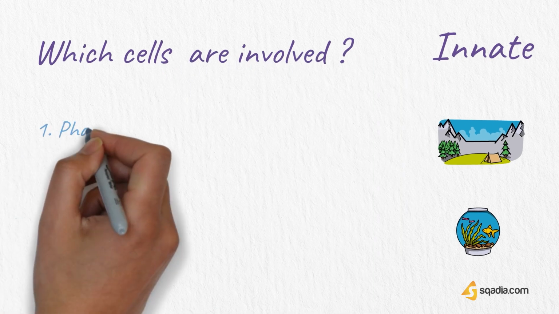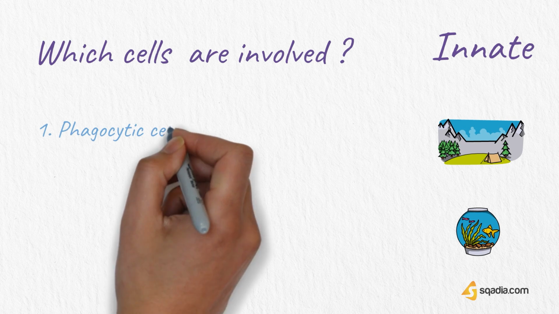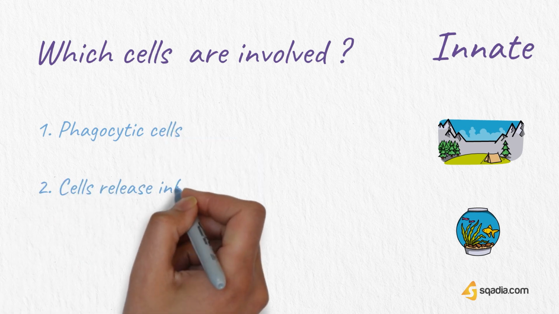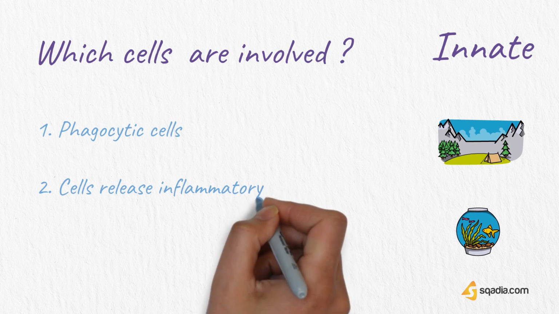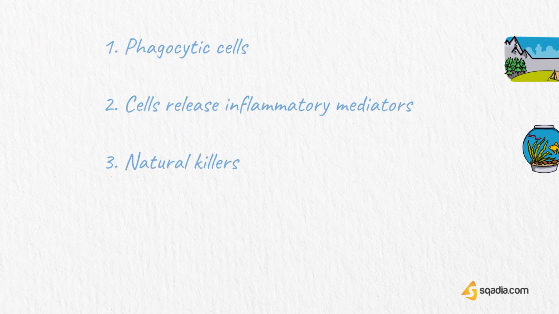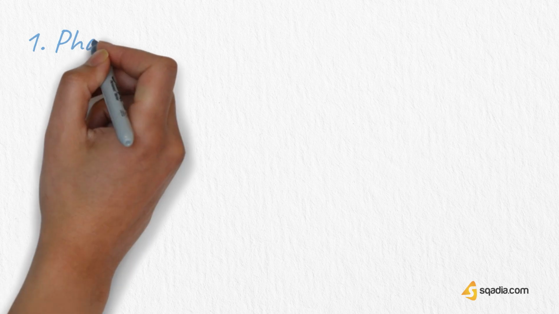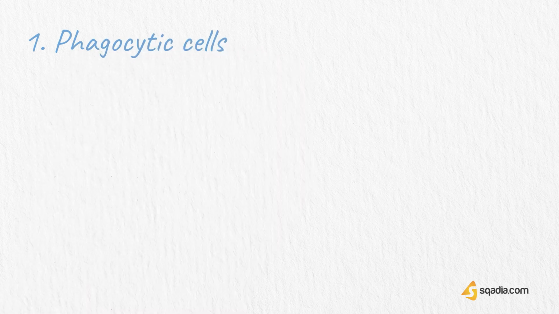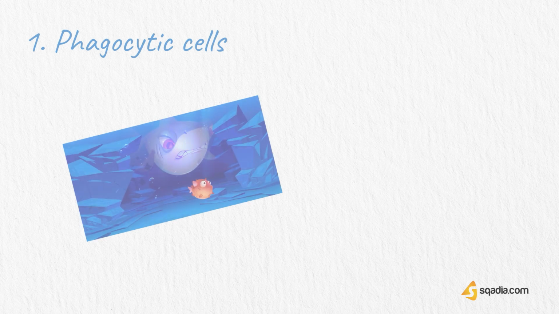Innate response can be released by three types of cells: phagocytic cells, cells that release inflammatory mediators, and natural killers. Now, to remember which cells are phagocytic cells, we have to think of the famous little fish called Nemo and his father called Marlin.